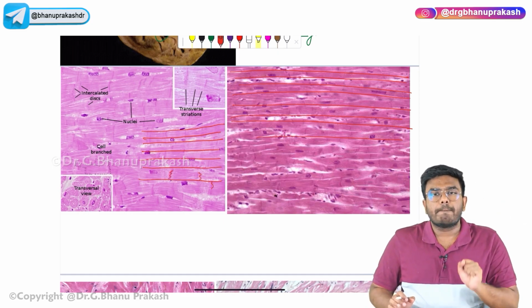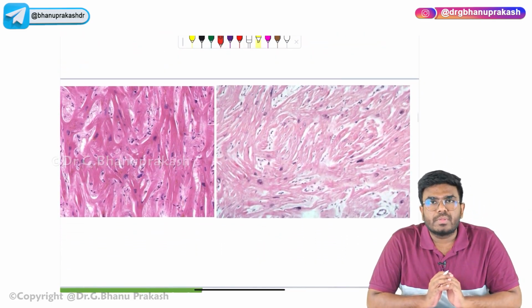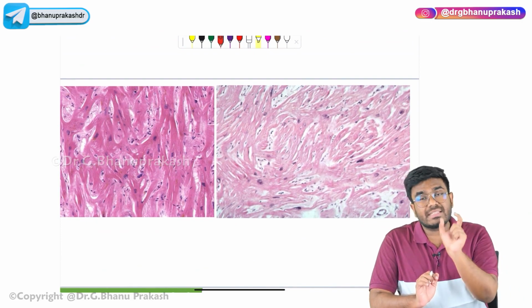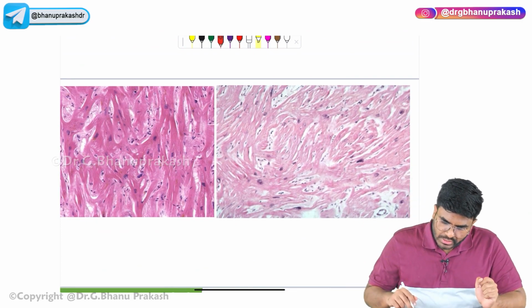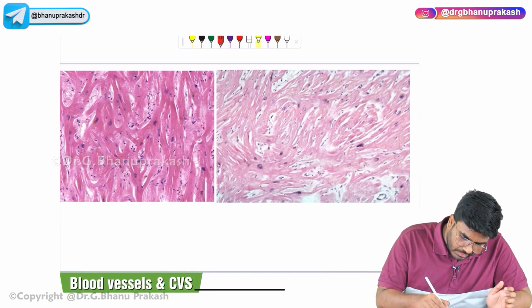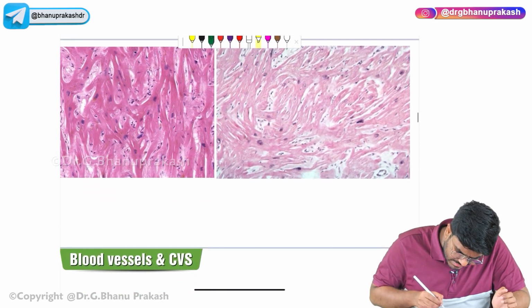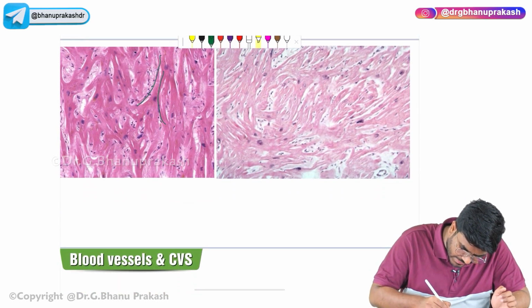This is something normal. But if a person develops hypertrophic cardiomyopathy, then what is the histological appearance? This is the keyword actually. If you do the histology of this hypertrophic myocardium, then you will see there is myocyte disarray, the keyword. So there is excessive branching.